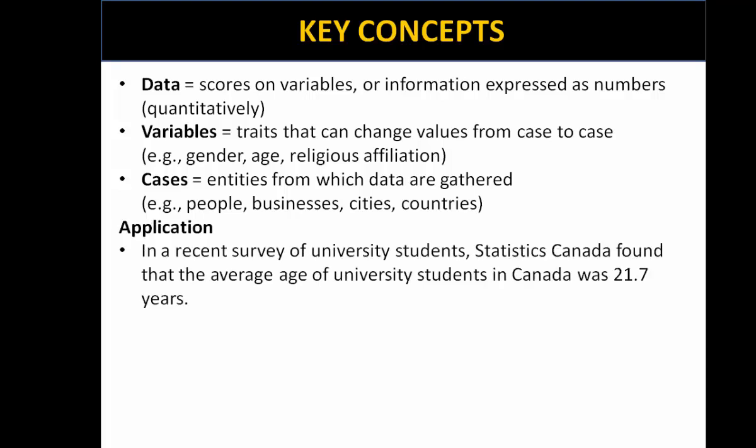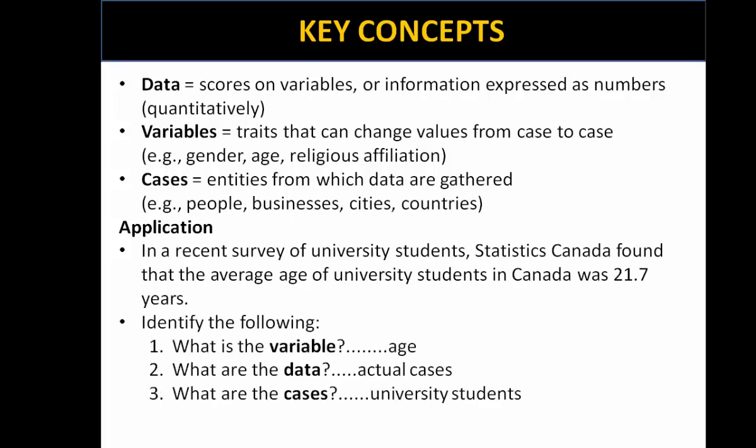Now, in terms of applying these key concepts, a scenario here that we'll just go through shortly. In a recent survey of university students, Statistics Canada found that the average age of university students in Canada was 21.7 years. And so if we try to identify the following, we ask, what is the variable here?